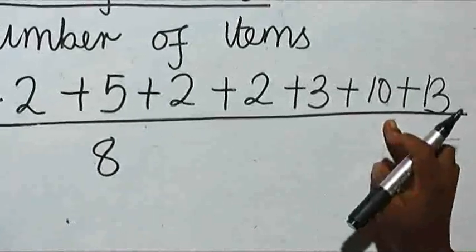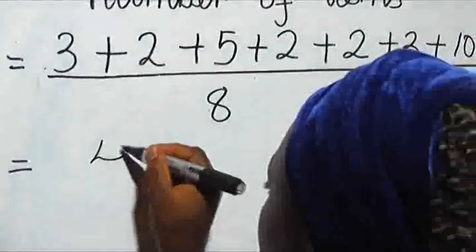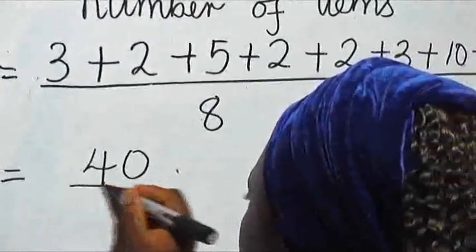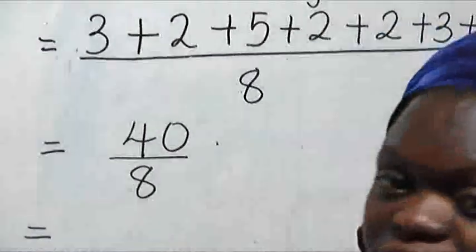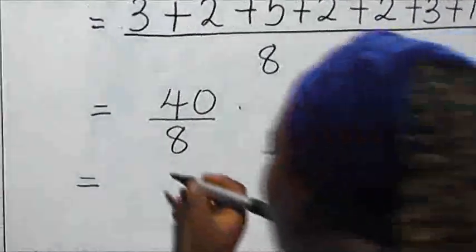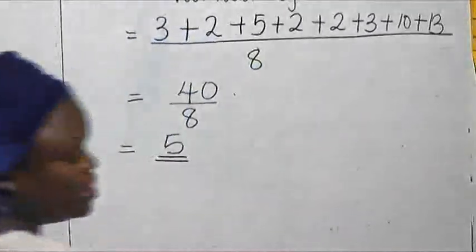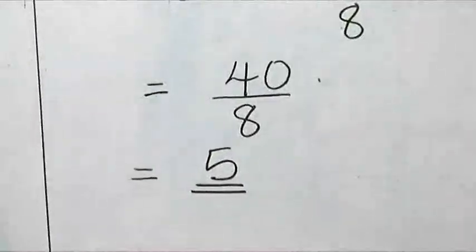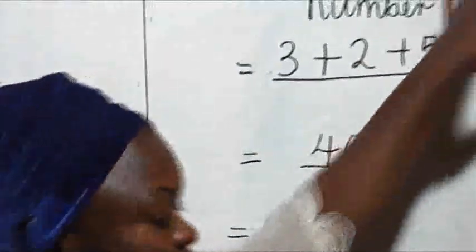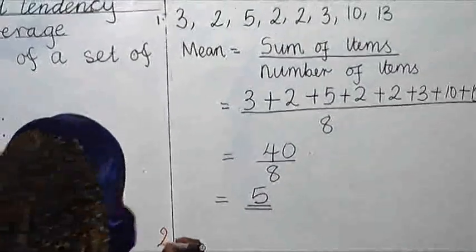And 27 plus 13 will give us 40. So we have 40 divided by 8. 40 divided by 8 is what? 5. This is our final answer. So that means the mean of this data on the board is 5.